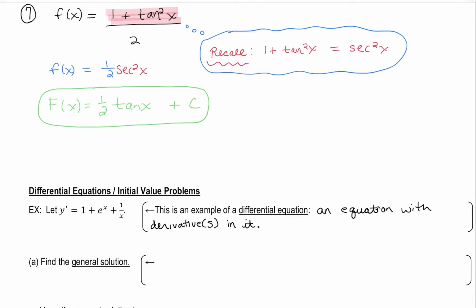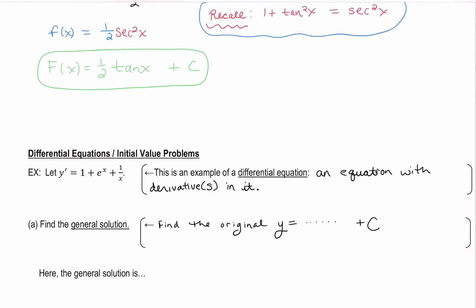Now, if you're asked to find the general solution, the general solution means they want you to find the original equation. So we want to find that original y equals whatever that is equal to, and then in terms of this plus that arbitrary constant.